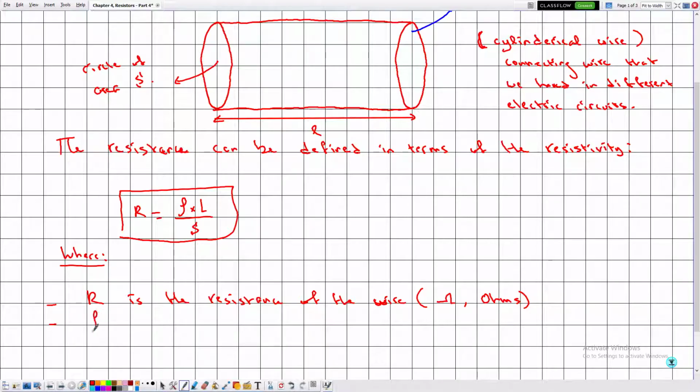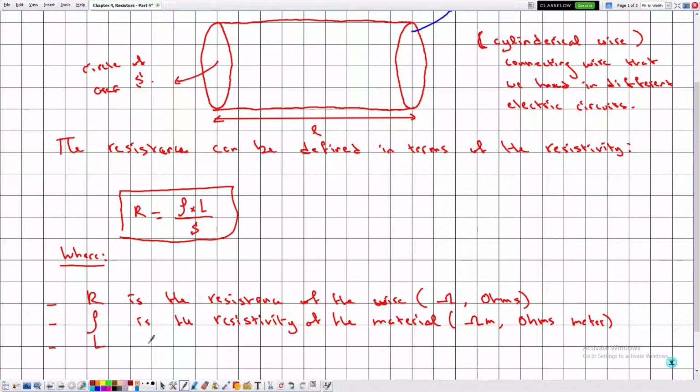Rho is the resistivity of the material upon which the wire is made, and it's given by ohm multiplied by meter, which is ohm meters. This is a derived unit.